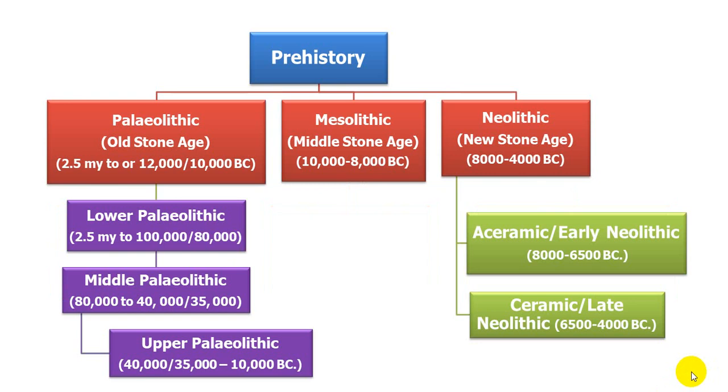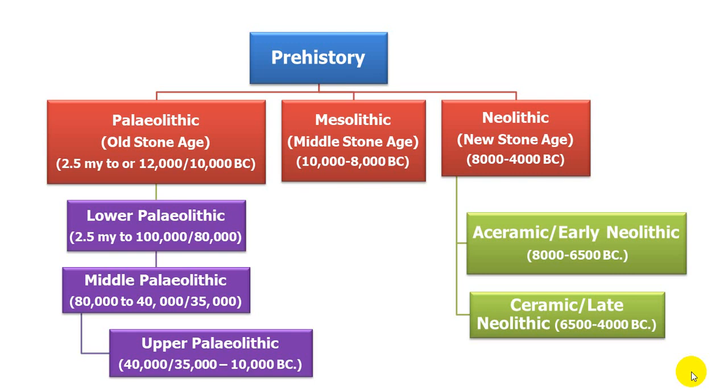The first category, prehistory, is again divided into three main periods. The first one is Paleolithic, which means Old Stone Age. It starts from 2.5 million years up to 12,000 or 10,000 BC.